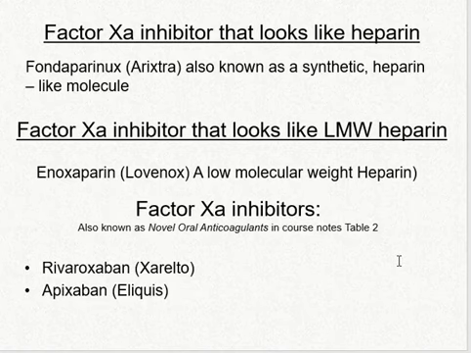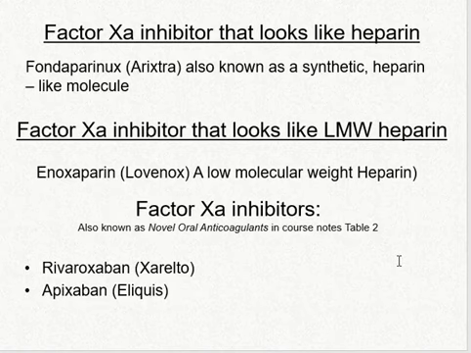It's also known as a synthetic heparin-like molecule. Remember, heparin comes from animal mucosa, and it's harvested. Fondaparinux is a synthetic molecule that's made in a laboratory, but it acts pretty much like heparin in terms of its mechanism of action, with a much higher affinity towards the factor 10A antithrombin interaction than the factor 2A or thrombin antithrombin interaction.